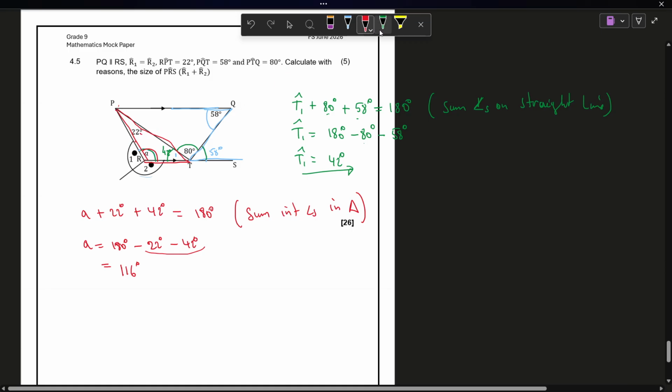Let me just use this green again. So we're asked to find the angles outside. So we can denote those by R1 plus R2. That's the one they want us to find.